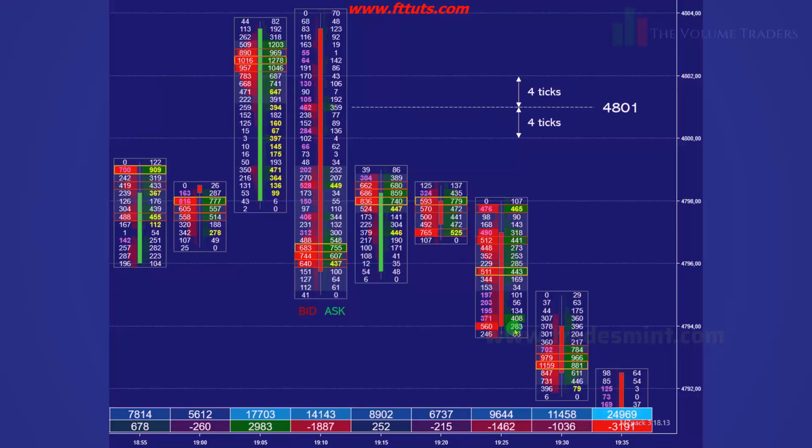And here comes the biggest confusion: buy limit orders are on the bid side. So on the bid we have aggressive sellers, but also passive buyers, so buy limit orders. And sell limit orders are on the ask side. So it's crazy, right?